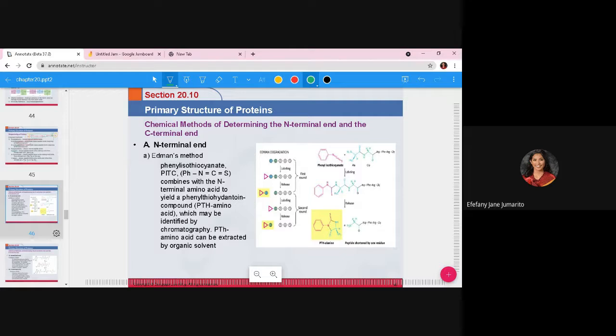Okay, then we have chemical methods of determining the N-terminal end and the C-terminal end. So we have this one, Edman's method, phenyl isothiocyanate.